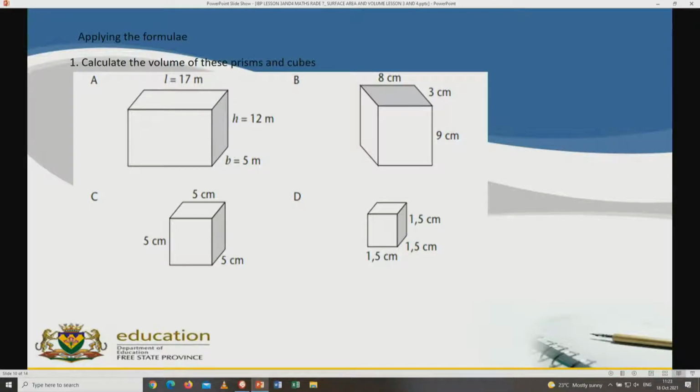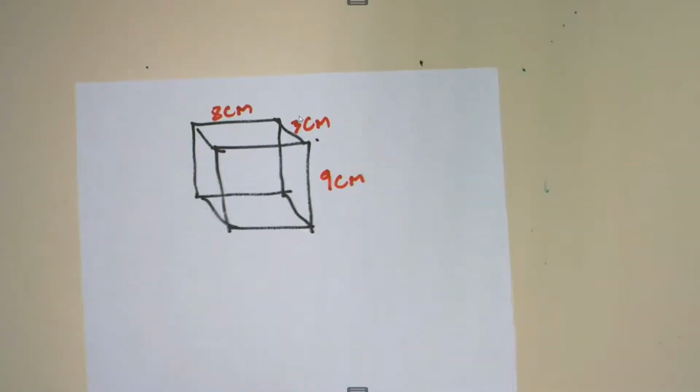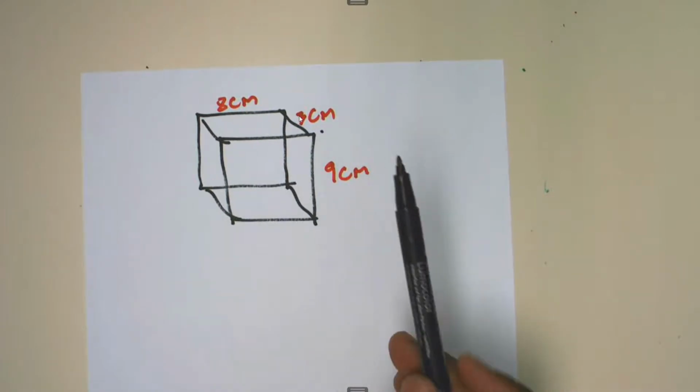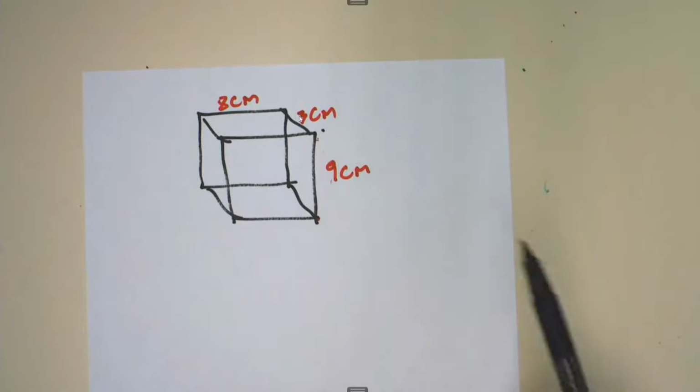Then we have this rectangular prism that looks more like a cube, 8 centimeters, and therefore the breadth is given as 3 centimeters and the height 9 centimeters. I'm trying to have a picture here, and we can see that from bottom up is the height.